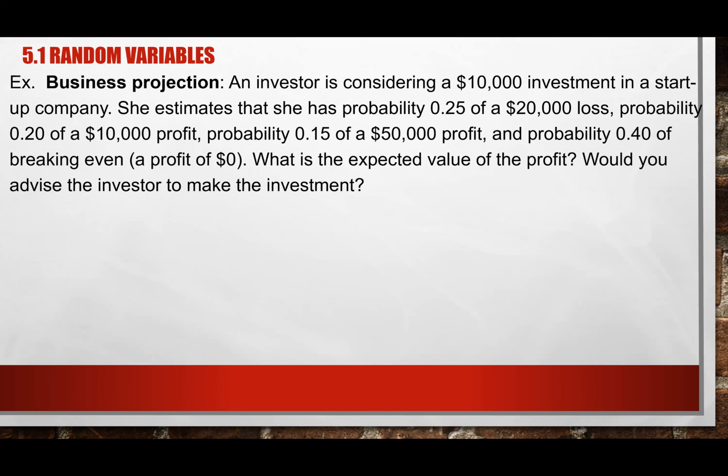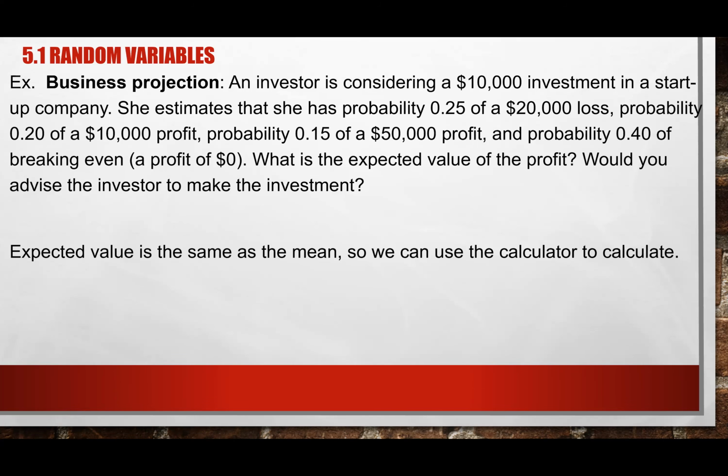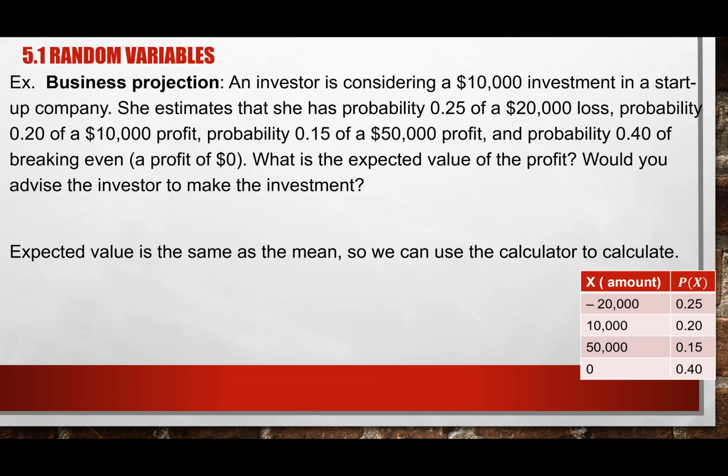So if you look at this here, unlike our lottery game, where last time we only had 2 values, win and lose, this one has multiple values. And if they have multiple values, what can we do? Well, just list what they give us. Do you agree that we have a negative 20,000? That's why it's negative, because that's the loss.